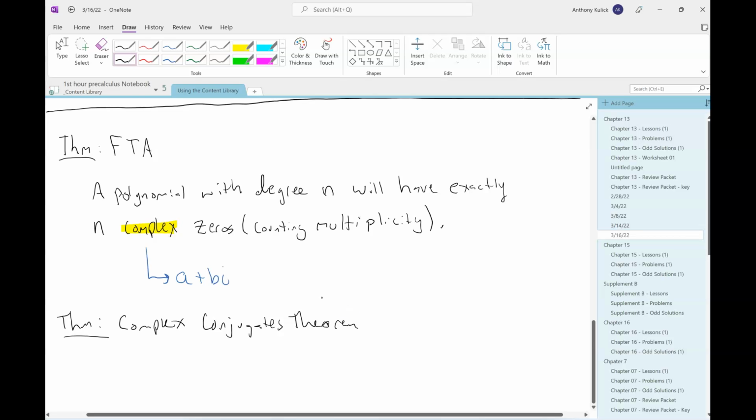So this says that for a polynomial with real coefficients, if a plus bi is a 0, so is a minus bi.